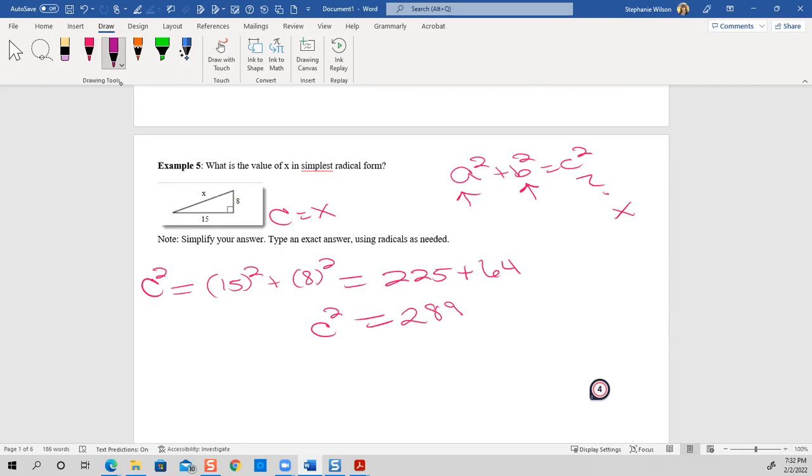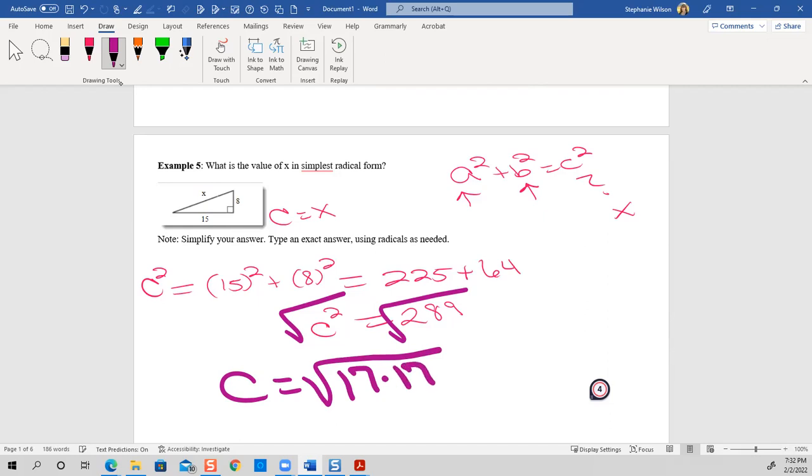So to undo the square, I need to take the square root. So now I have c is equal to the square root of 289, meaning something times itself twice. In this case, this would be 17 times 17, which is 17 squared, or you could just say the answer is 17. So x in this case is 17.